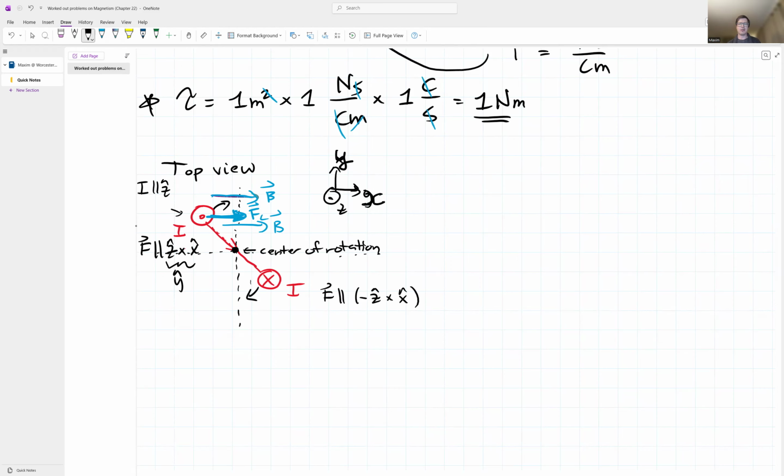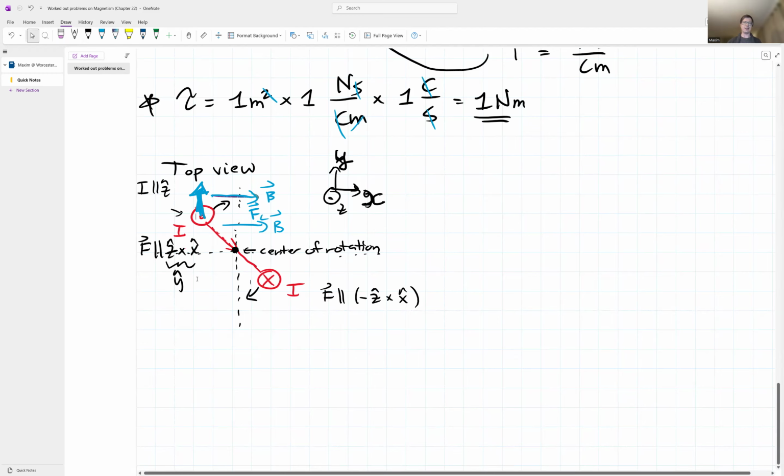The B is along x hat. That's good. And then this is still good. I drew it wrong. Sorry. The force is along y hat, which is not the horizontal direction, but the vertical one. That's right. So it's pushing this thing up. It's the same direction as we had before.